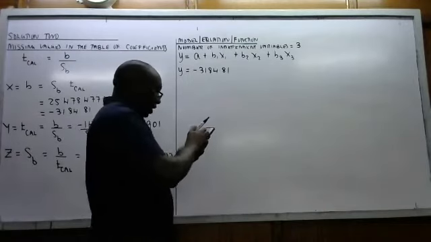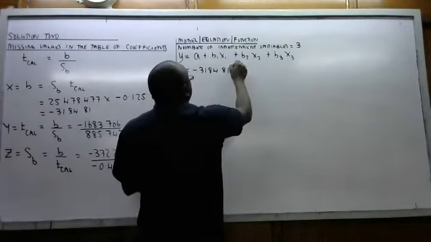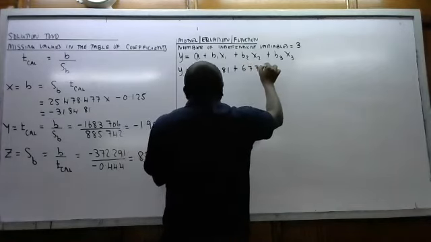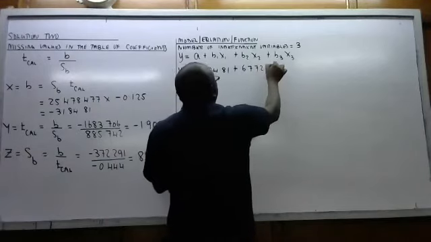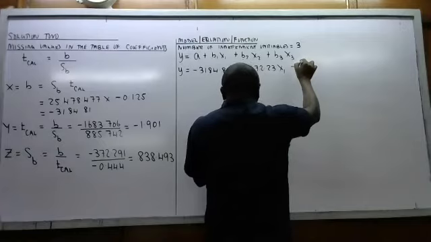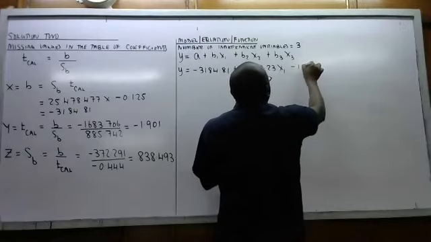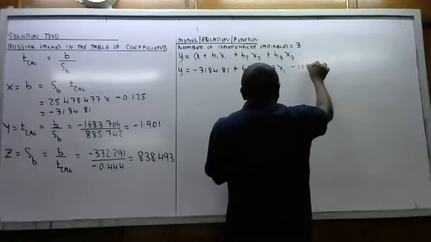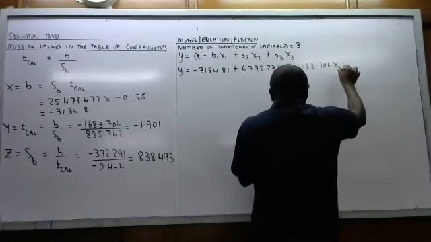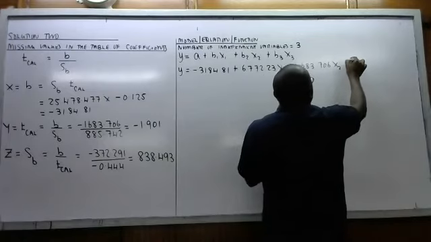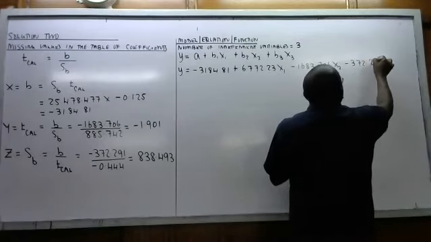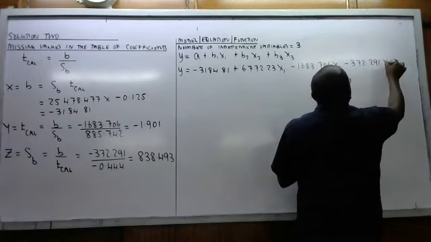Plus uchukue hiyo ingine, 6772.23x1, minus 1683.706x2, minus 372.291x3.